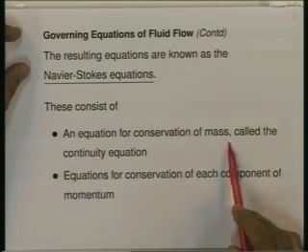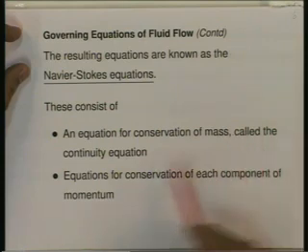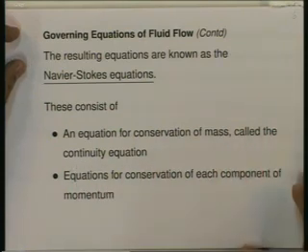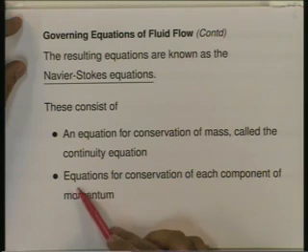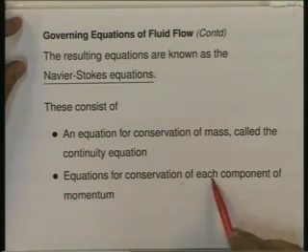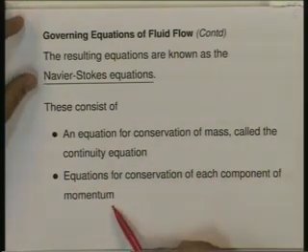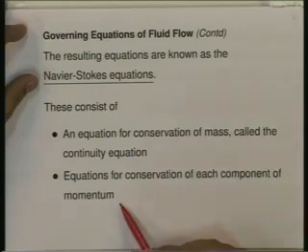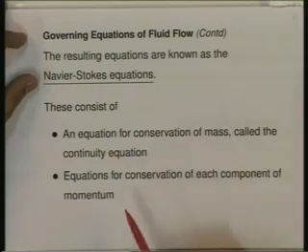This equation is usually called the continuity equation. We also have a set of equations for conservation of each component of momentum. These equations are known as the momentum equations.